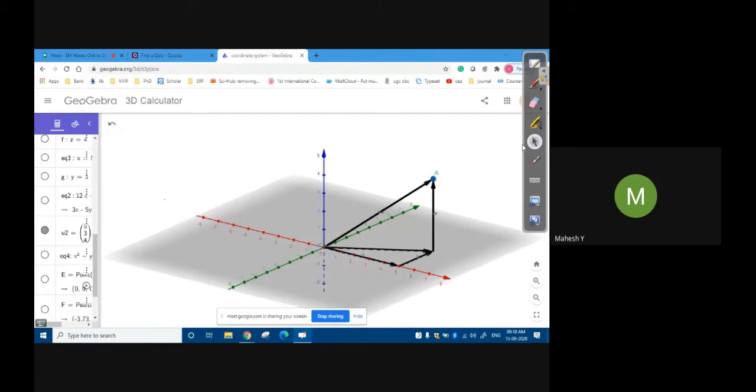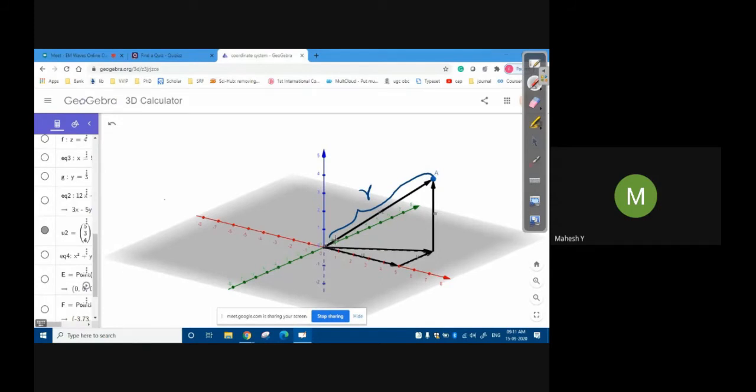One angle is between the x-axis and rho, that is phi, and another angle is the angle between z and the line to the point. This length is called r, the length between the point and the origin.